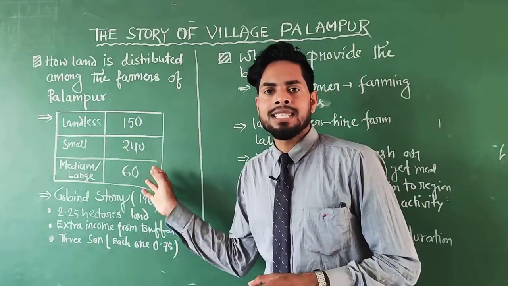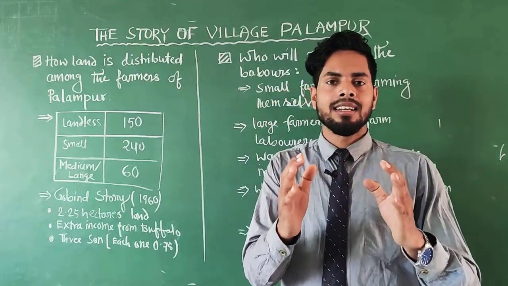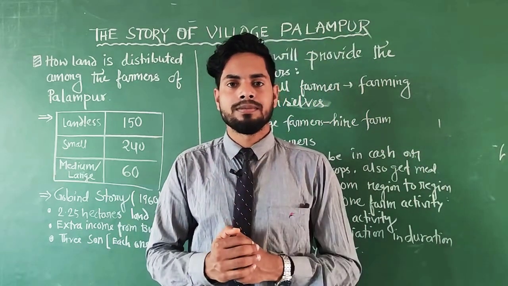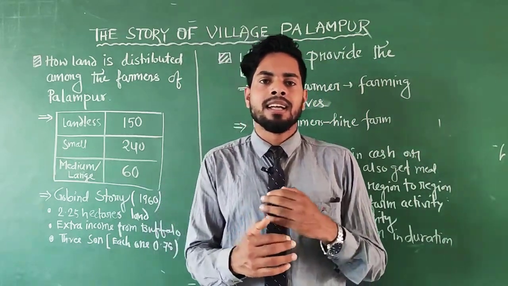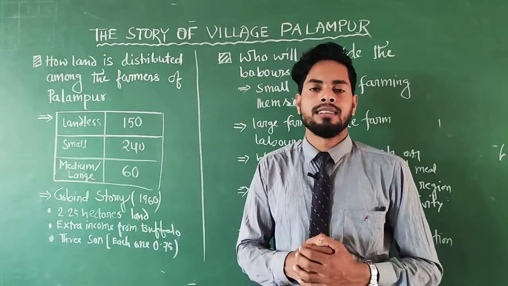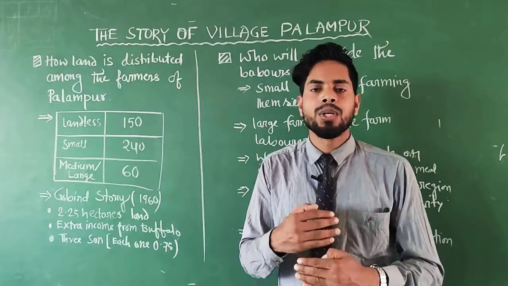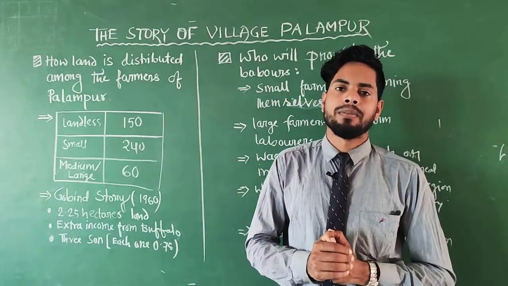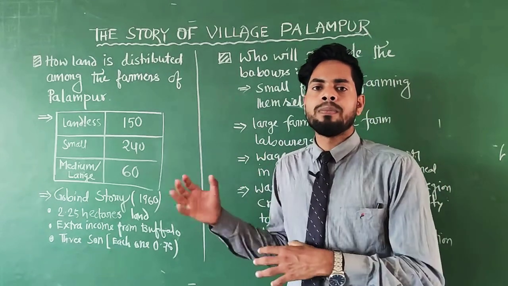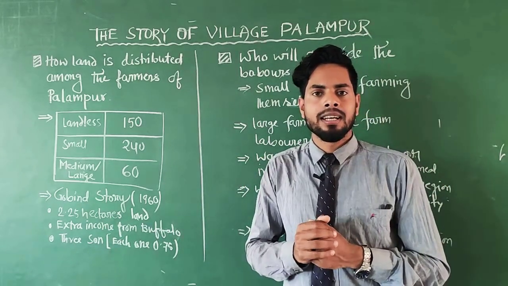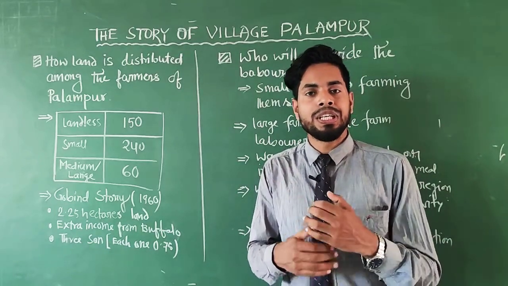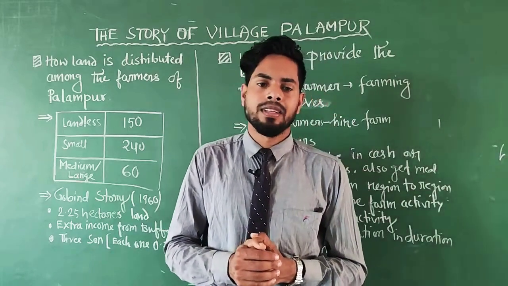And 60 families are medium and large landholding families. That means these 60 families have more than 2 hectares of land. A few of these 60 families have 10 hectares of land or more.